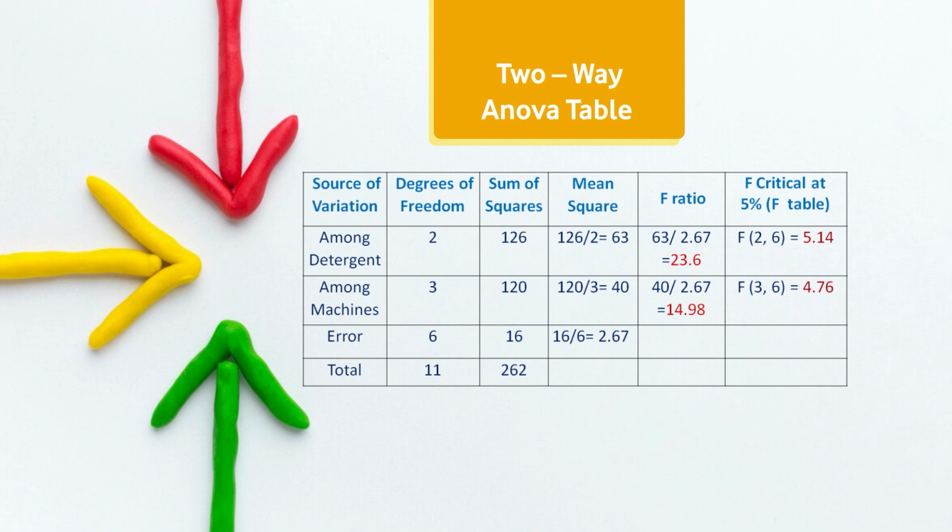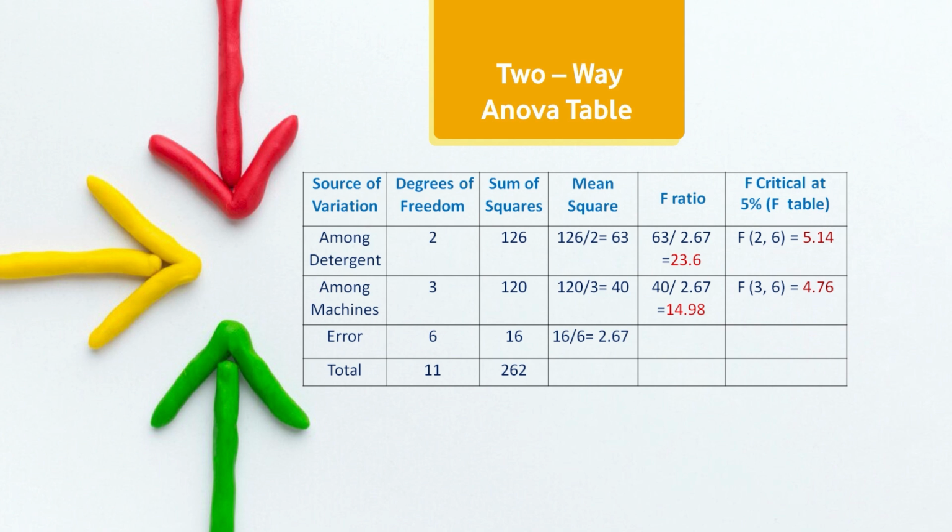In the first case, that is among detergents, with degrees of freedom 2 and 6, the F value is 5.14, and for the second case, that is among machines, the F cutoff value with degrees of freedom 3 and 6 is 4.76.